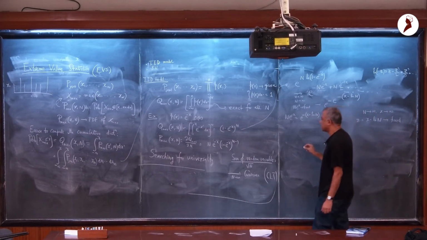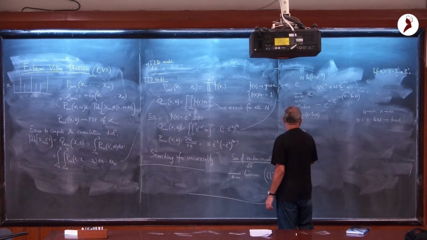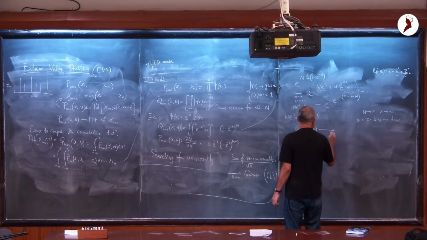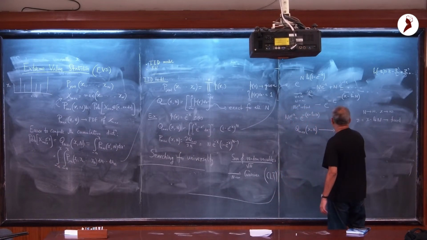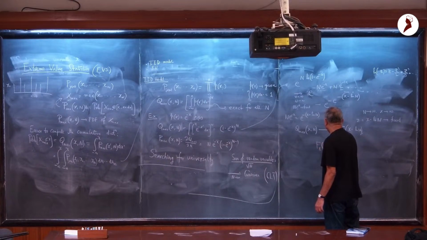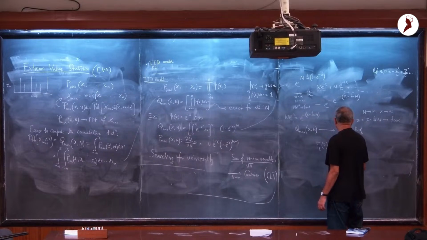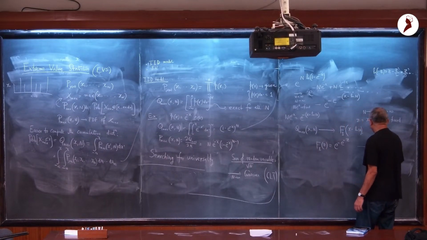In that case, my Q max of x comma n converges in that scaling limit to some function, let me call it f1, of x minus log n, a scaling function. And this scaling function has this nice form. This is what is called the Gumbel distribution, the Gumbel form.